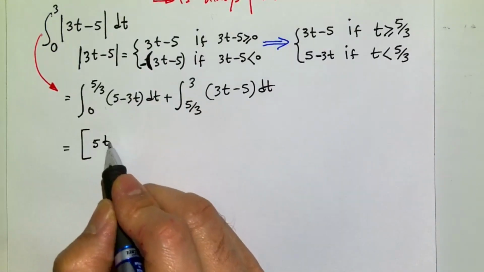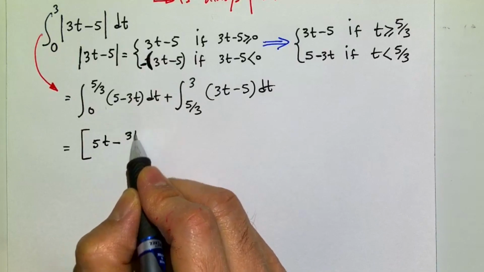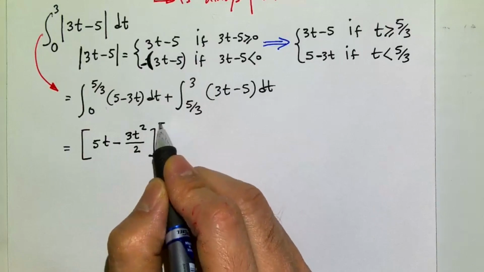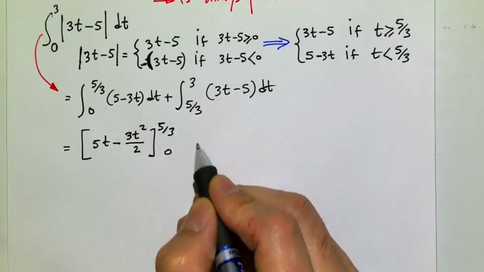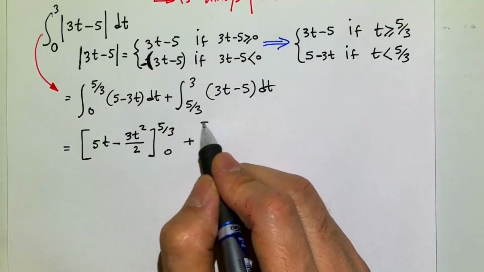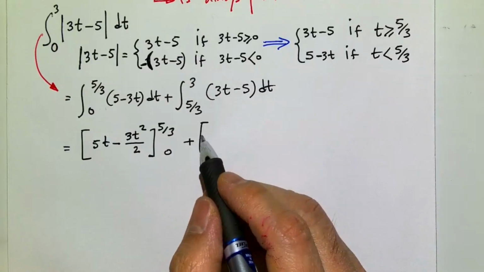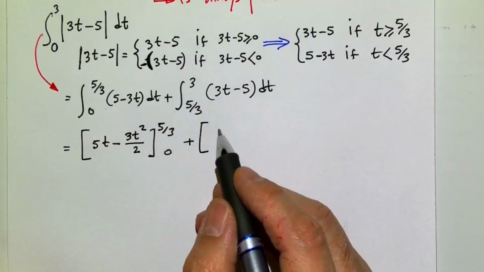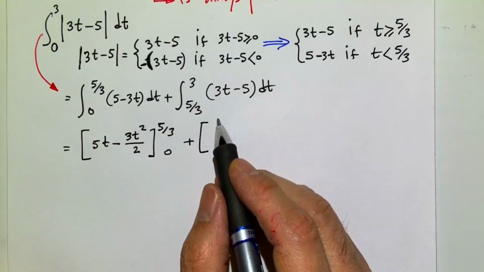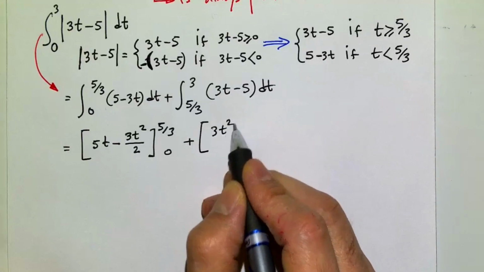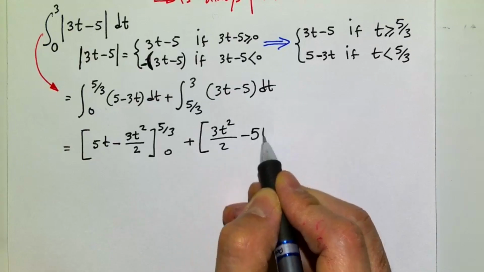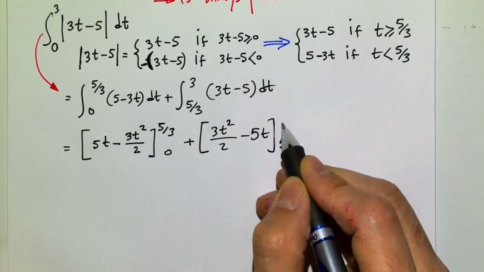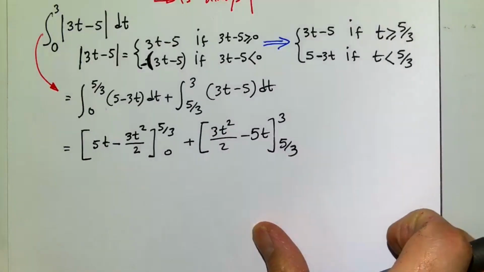We have 5t minus 3t squared over 2, from 0 to 5 over 3, plus, I know I'm going through this fast, but this is pretty easy and I'm sure you'll have no problem following this, 3t squared over 2 minus 5t going from 5 thirds to 3, right?